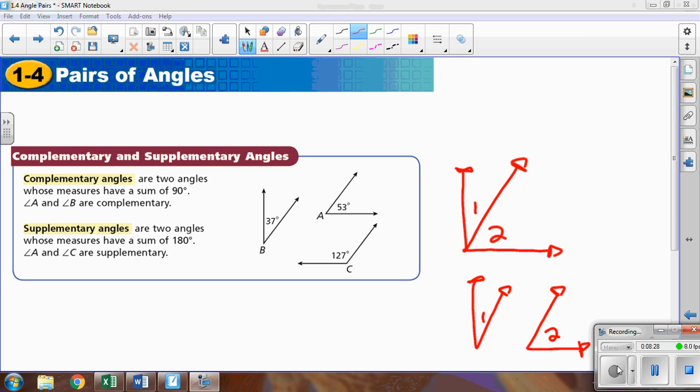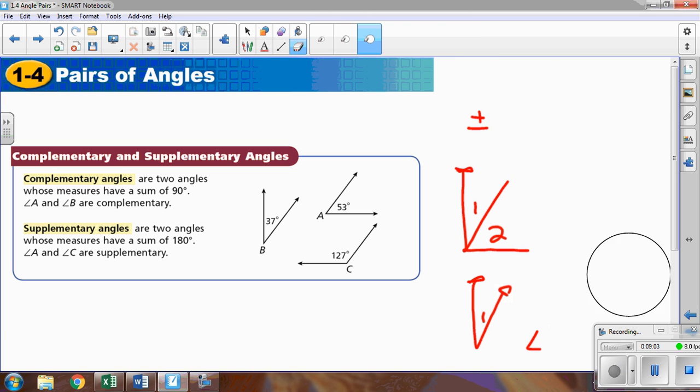Those same angles separated are still complementary angles, because if we put the numbers on them, like 53 and 37, what do you add up and get? That makes them complementary. If they add up to 89, no, not complementary. If they add up to 89.8, not complementary. They have to add up to exactly 90.